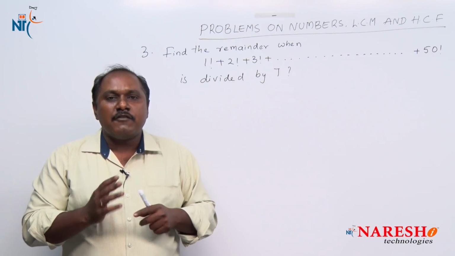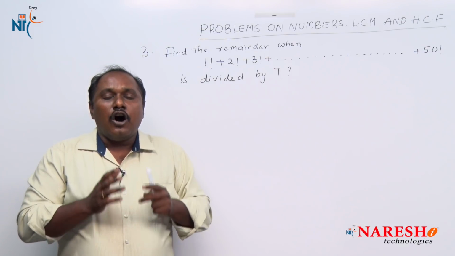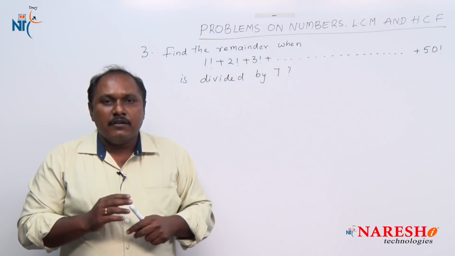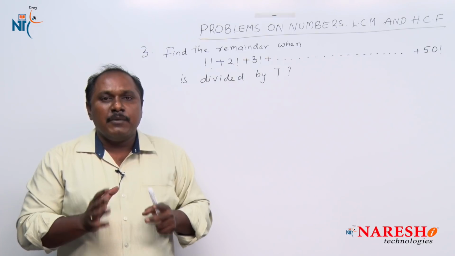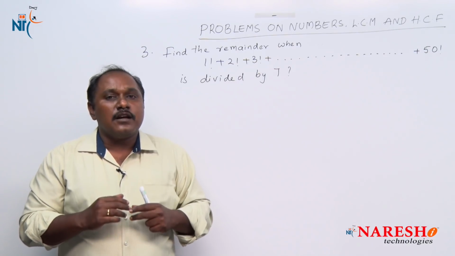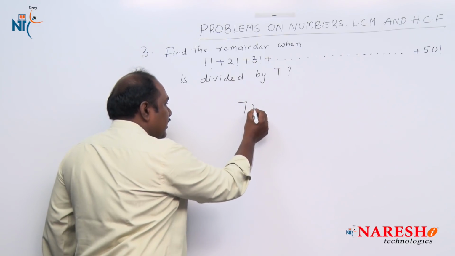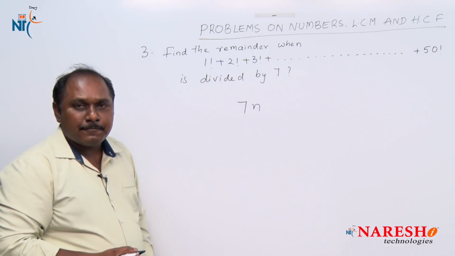The second point that we must know to solve this question is, all the multiples of 7, when we divide with 7, remainder will be 0. When do you say a number is a multiple of 7? When you can write a number in the form of 7n.